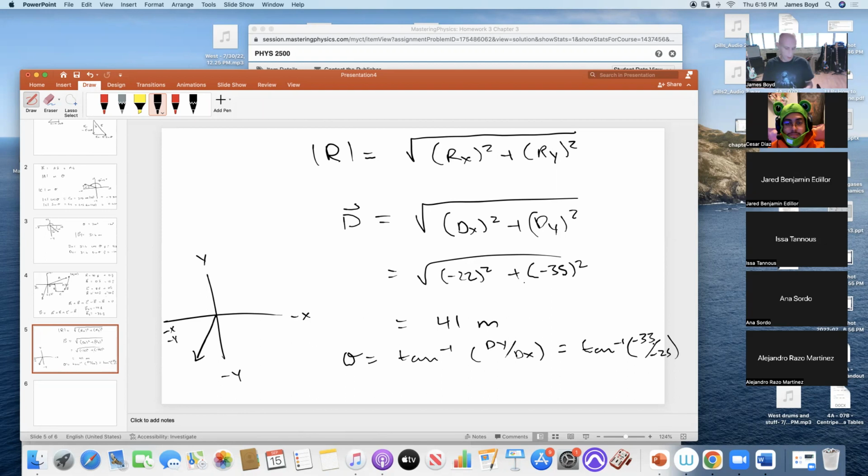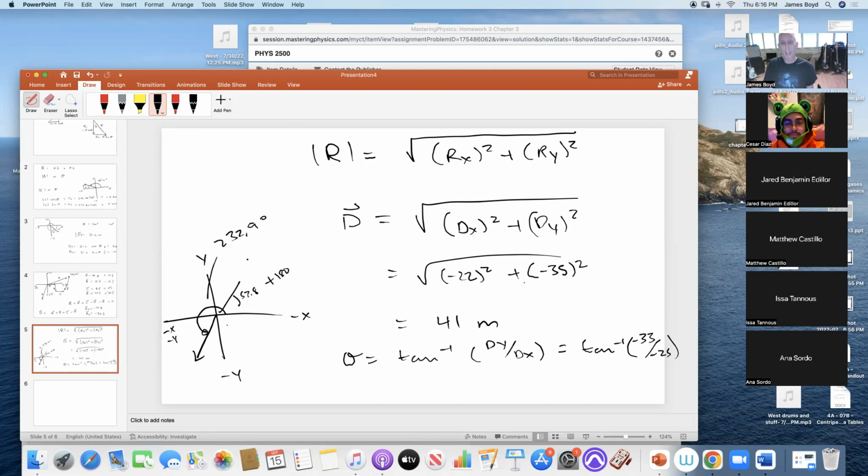So arctan of negative 33 over negative 25, I get 52.8, which is somewhere here. But we know that angle can't be correct. So we need to add 180 to flip it. Let's add 180 to it.